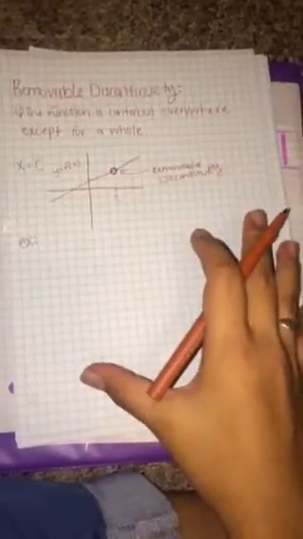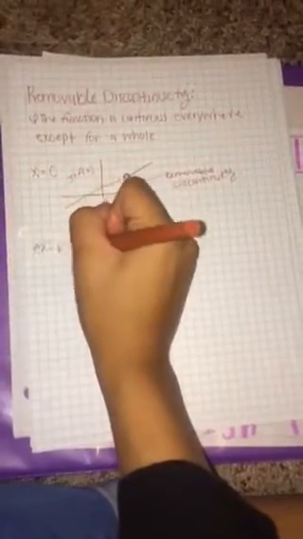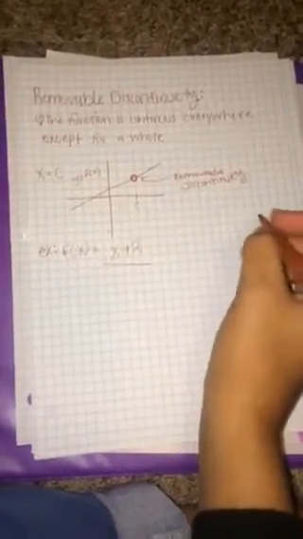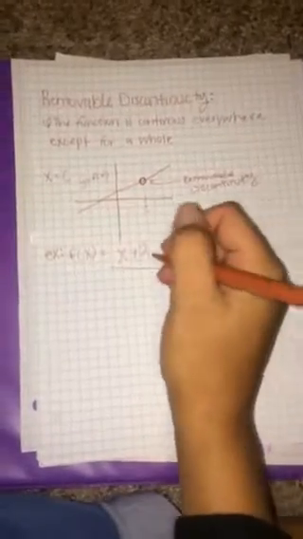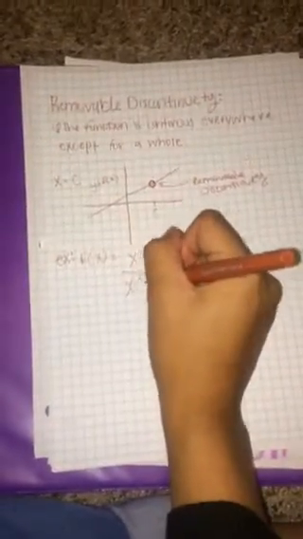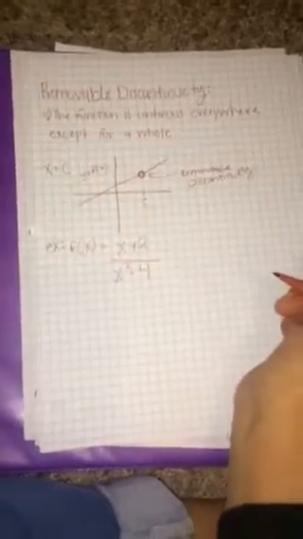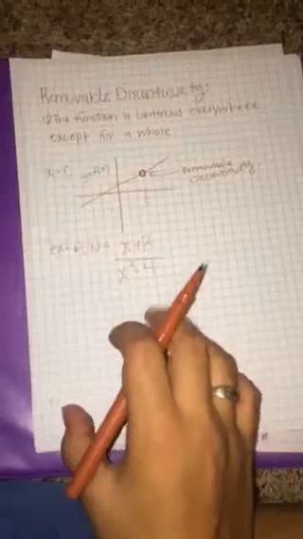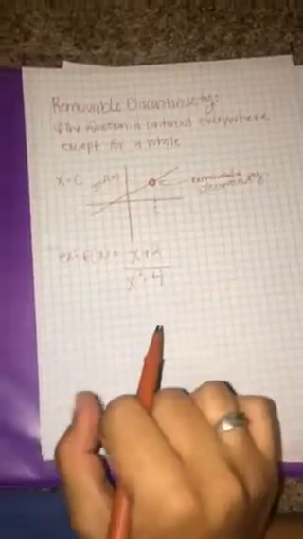We have the function f of x is equal to x plus 2 over x squared minus 4. And we are given that f is negative 2.